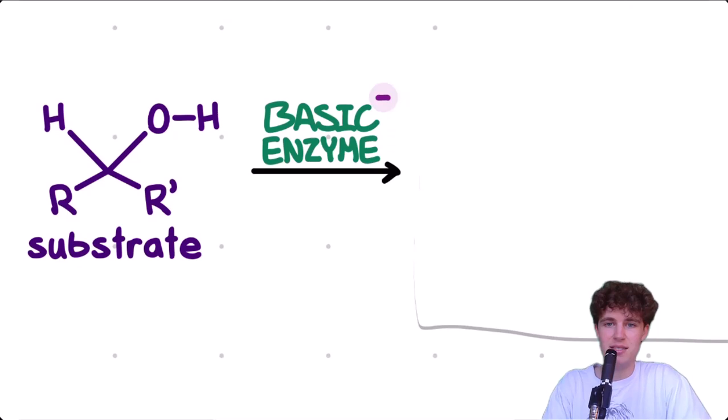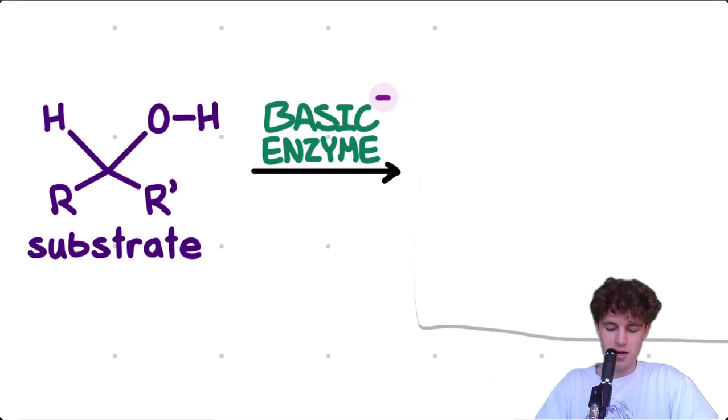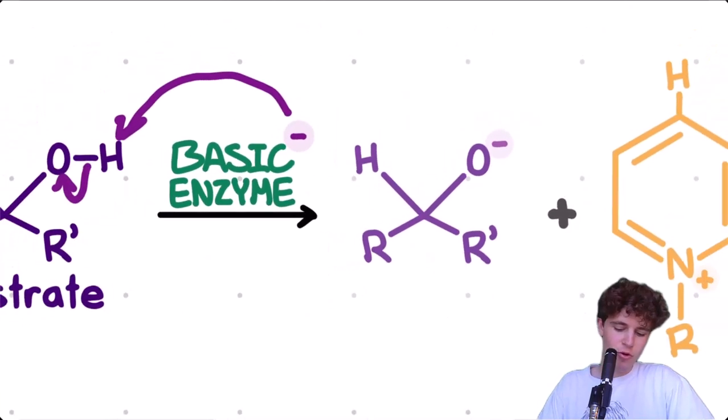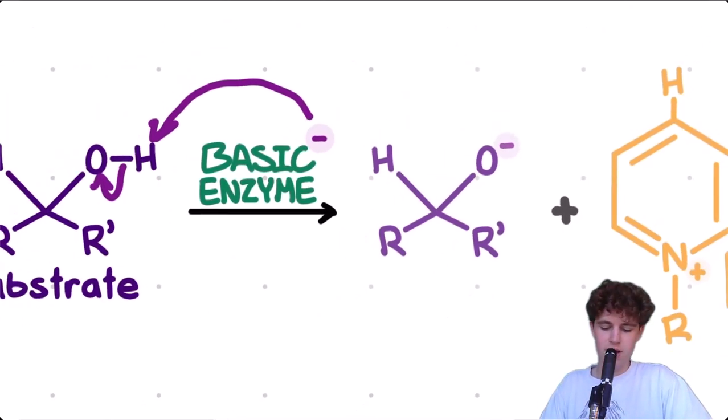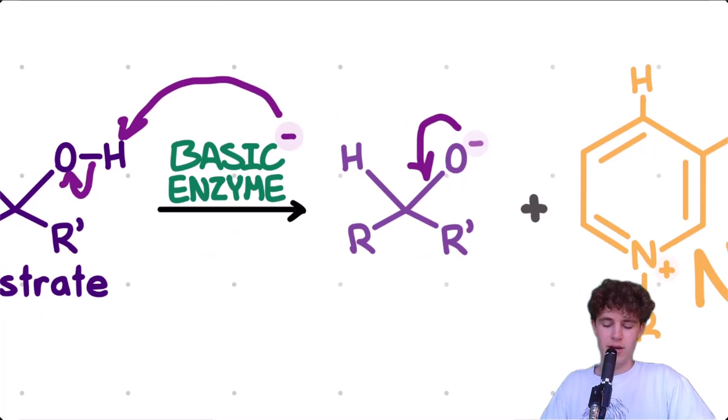Now, our basic enzyme really wants to take protons and donate electrons, and it's going to do just that. It's going to attack this hydrogen, and these electrons are going to move to this oxygen. Now we have a formal negative charge on our substrate, but we don't like that, so these electrons are going to keep on moving to form a double bond.